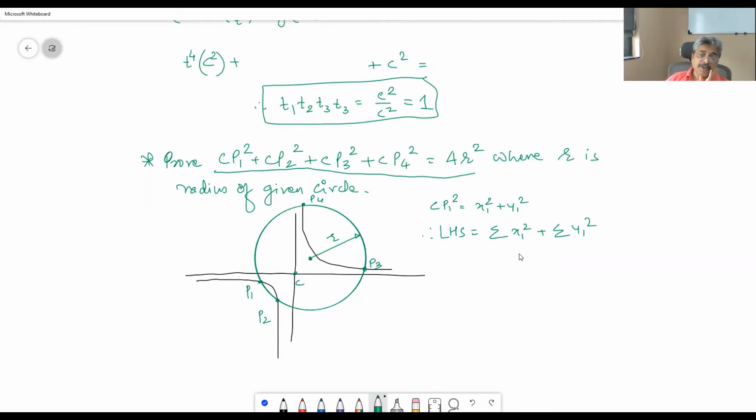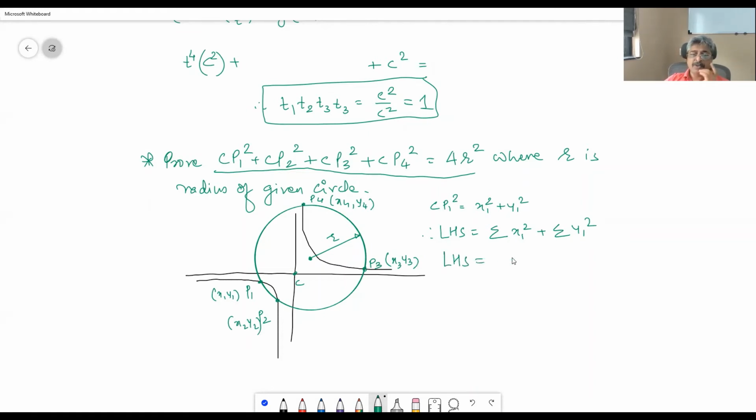Okay. Now these points are x1 comma y1, x2 comma y2, x3 comma y3. I think if we do it using the parametric procedure, it will be still simpler. Let me try.